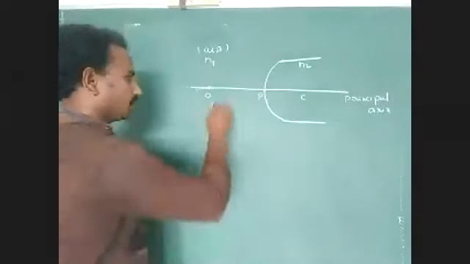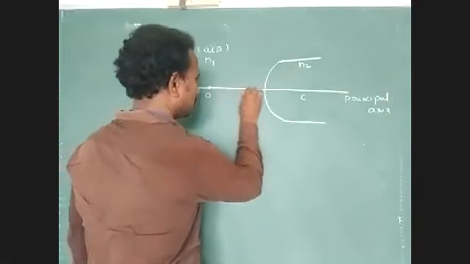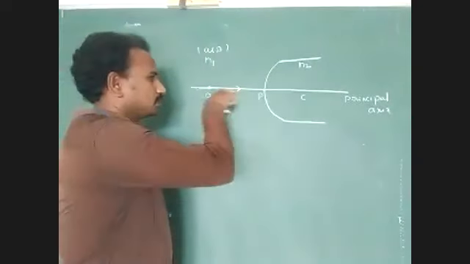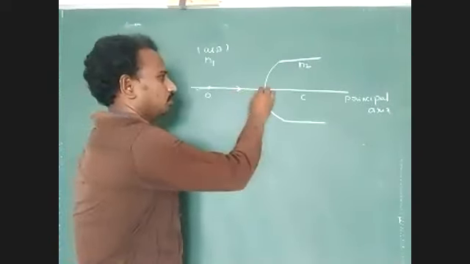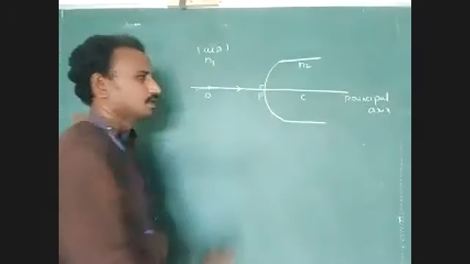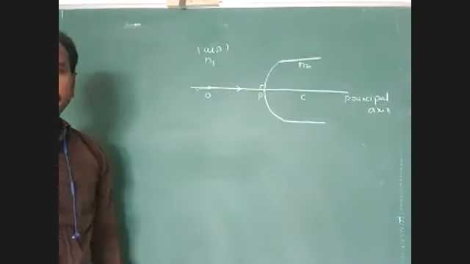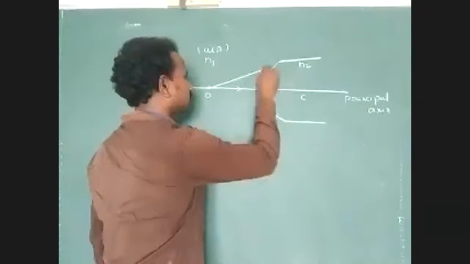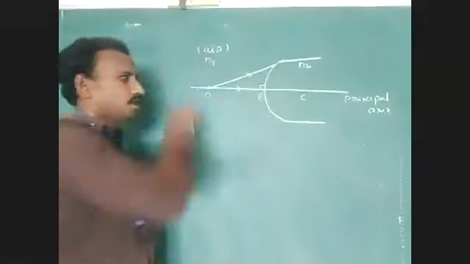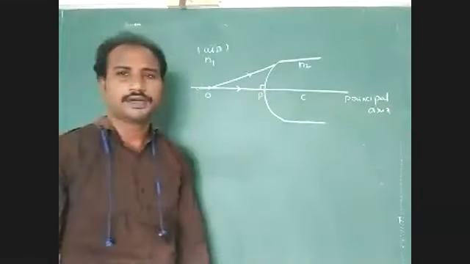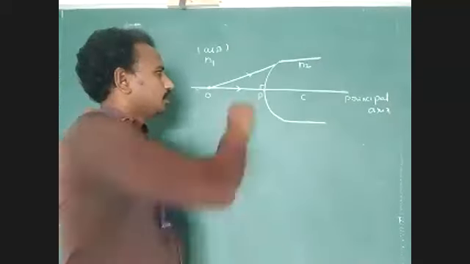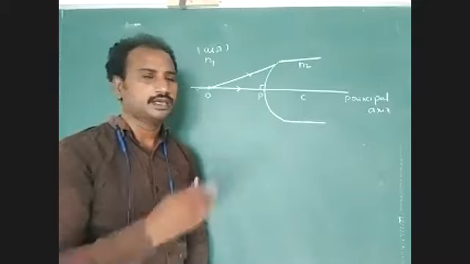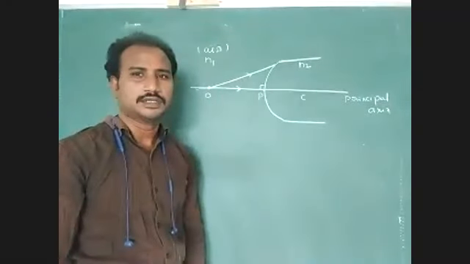First, we represent one marginal incident ray, which is perpendicular to the refracting surface. Another marginal incident ray makes an angle with respect to the curved surface.